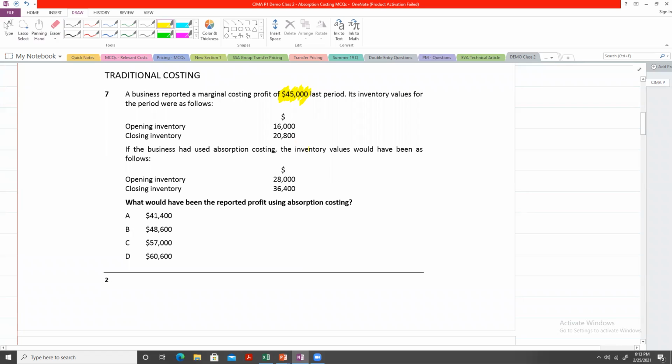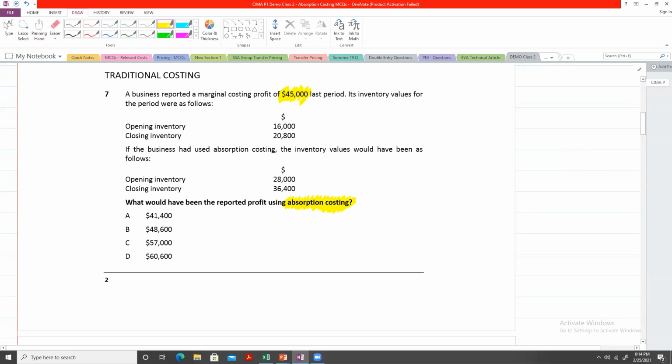We are required to find out what would have been the reported profit under absorption costing.